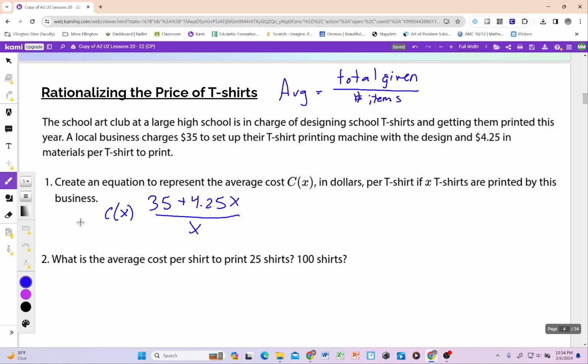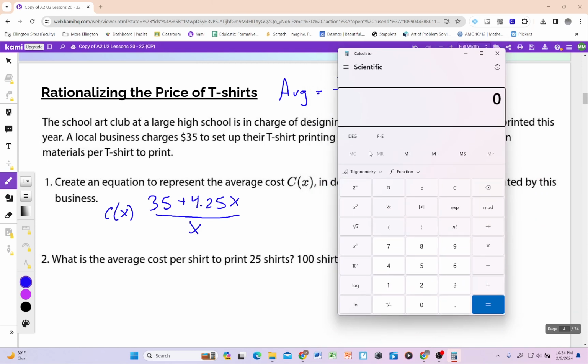All right, next question. What is the average cost per shirt to print 25 shirts or 100 shirts? Okay, easy enough. We just plug those in, right? So let's take a calculator here. Drag it over. So all we have to do is plug 25 in for X, right?